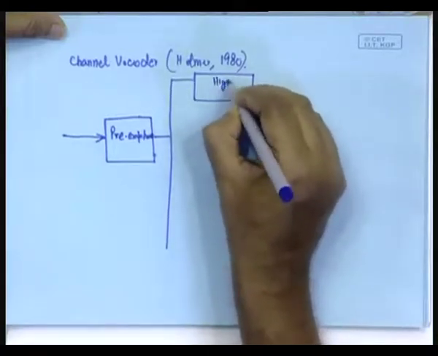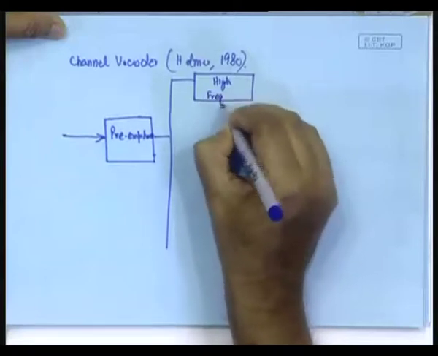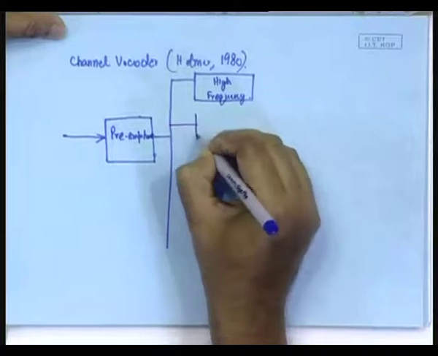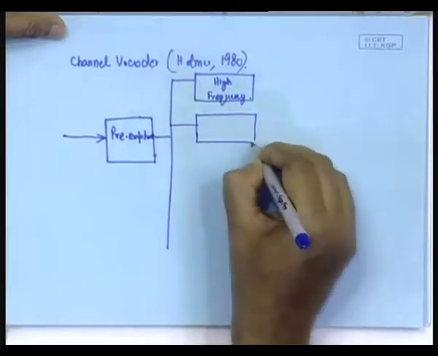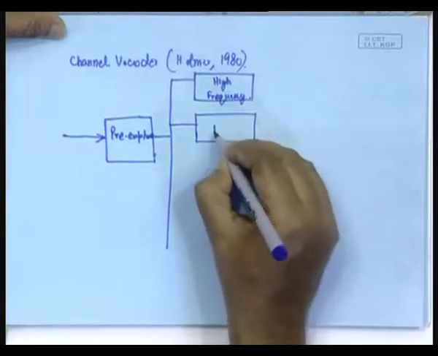Here we have the high frequency, and progressively lower and lower frequency band pass filters will be used. So, it is a bank of BPFs.